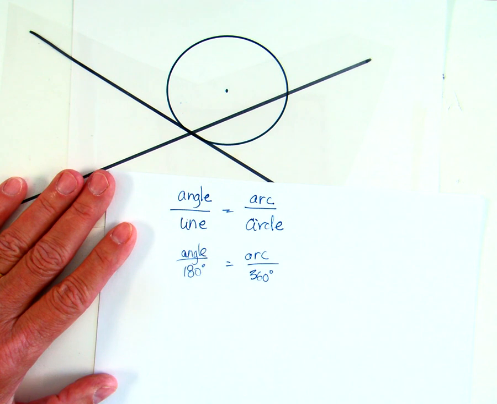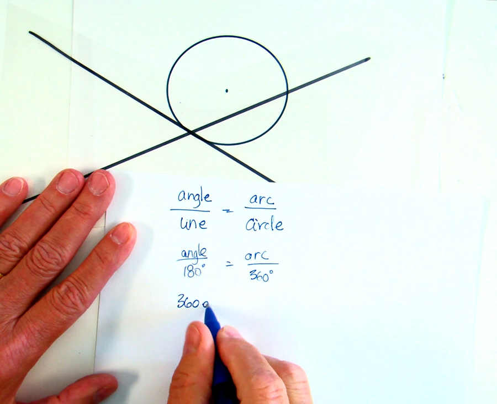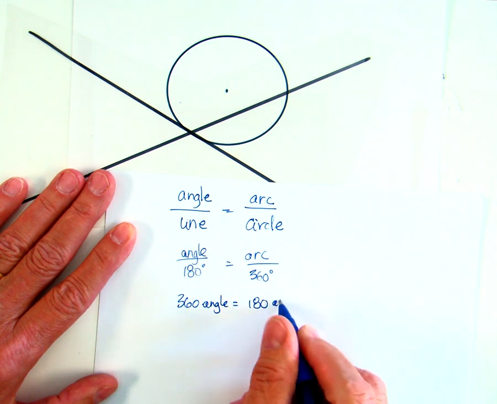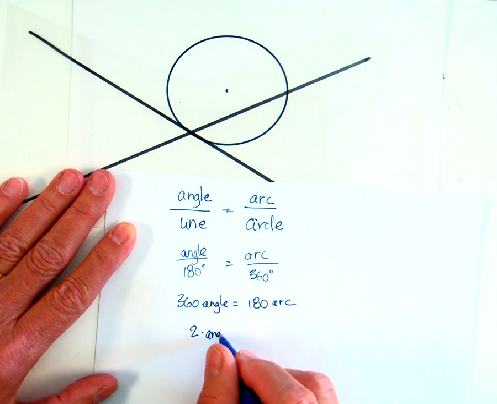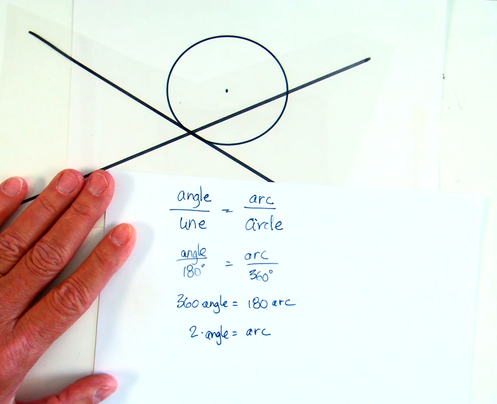We're going to say it that way because that's the right way to say it. But what we're going to do is butterfly. So we'll have 360 times the angle is equal to 180 times the arc. Divide both sides by 180. You'll have 2 times the angle is equal to the arc. Oh, wait, we just saw that, didn't we? We just saw that same relationship.